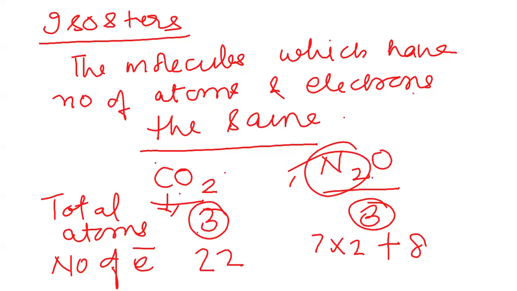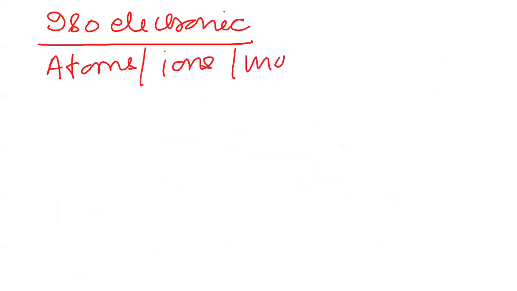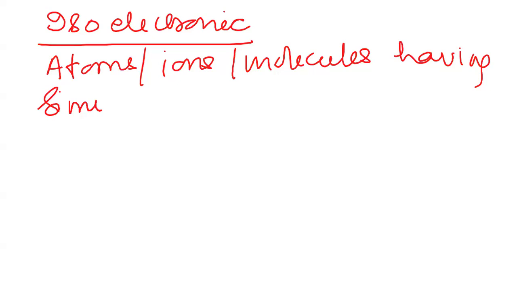Okay, let's see the next one, that is isoelectronic species. Now we can say atoms, ions, molecules having a similar number of electrons.